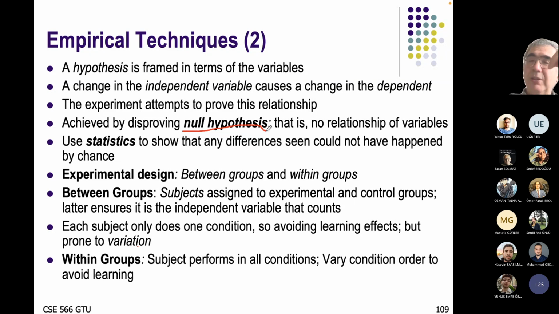But if there is no relation is the hypothesis and it is invalidated, then that means there is a relation. So as a scientific technique, this kind of null hypothesis is commonly used because scientifically it is more correct.